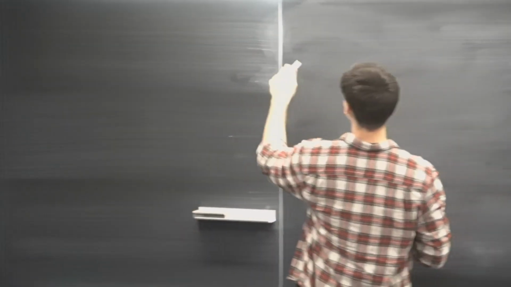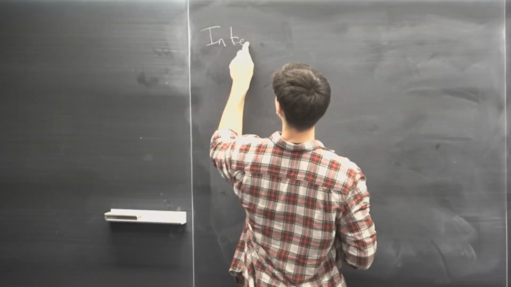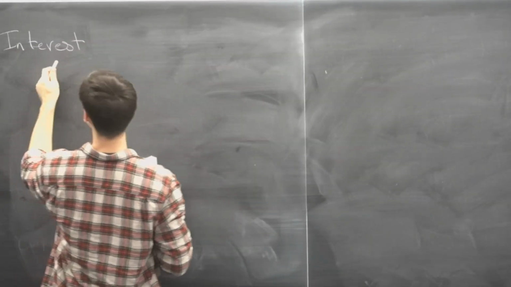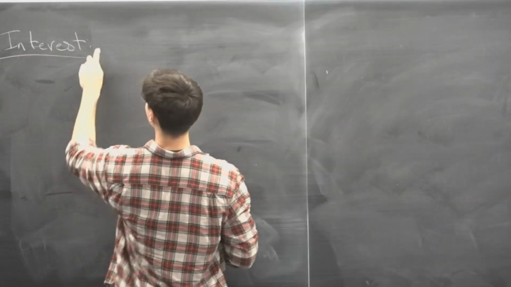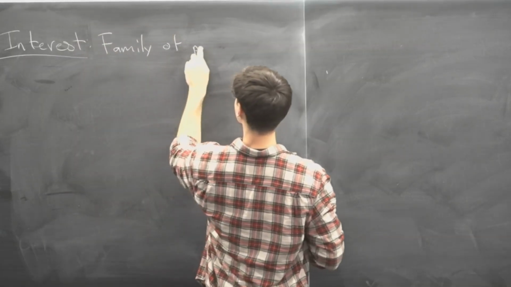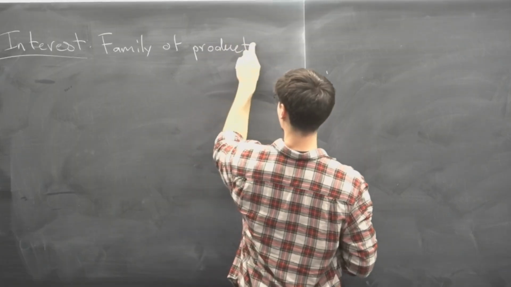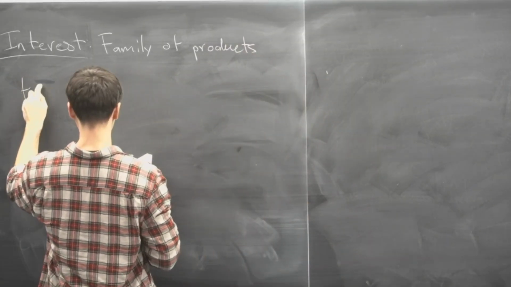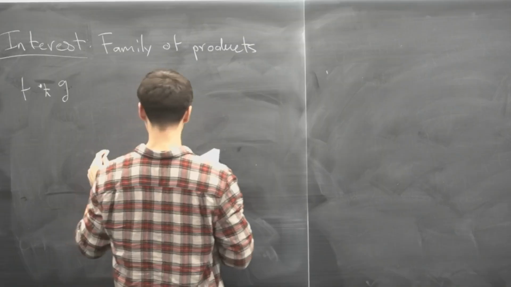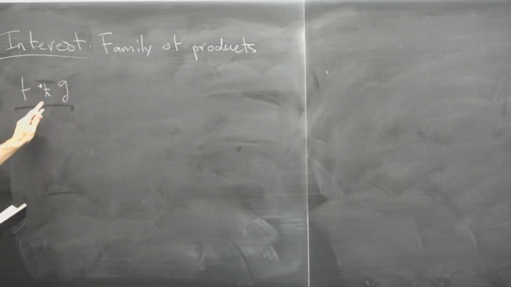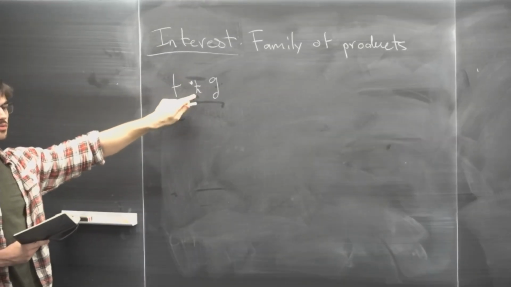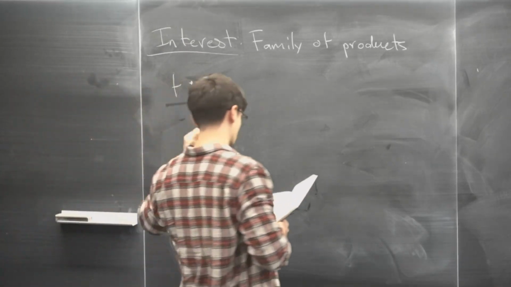So our interest now is in deformation theory, a family of products, possibly non-commutative, F. These products depend smoothly on h bar, such that as I take h bar to 0, we recover the original commutative product on our algebra. I'll write this a little more clearly.